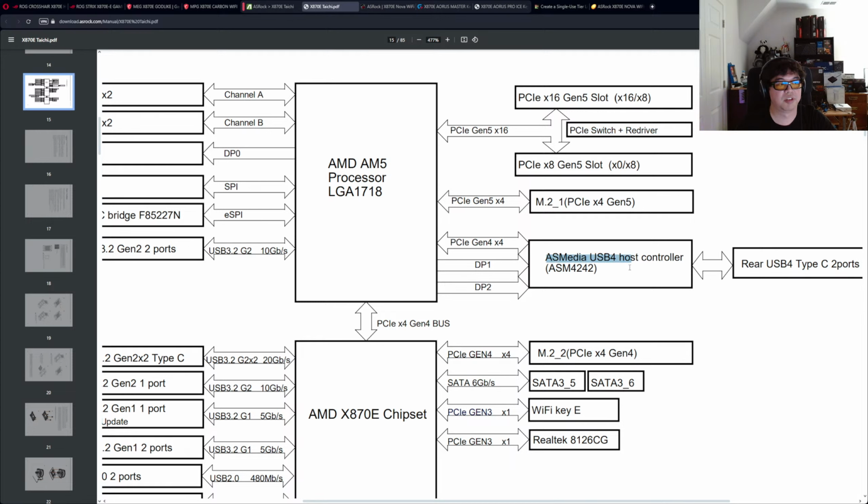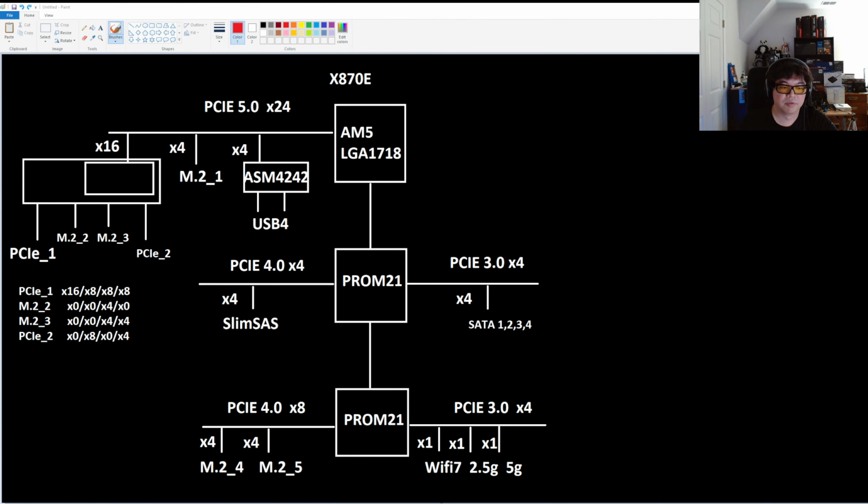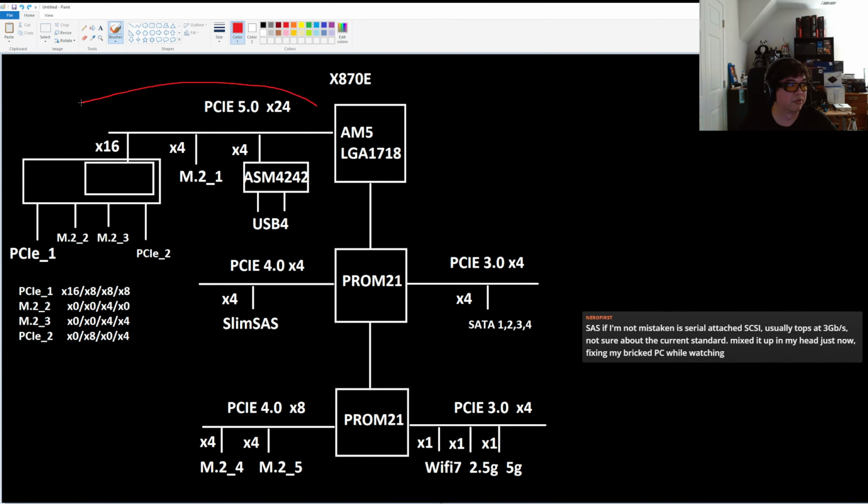And then here's the USB 4 controller. Here's that first Gen 5. So basically all the things that you see right here are all those things that I drew in the diagram. All of this stuff is what is shown on that block diagram.